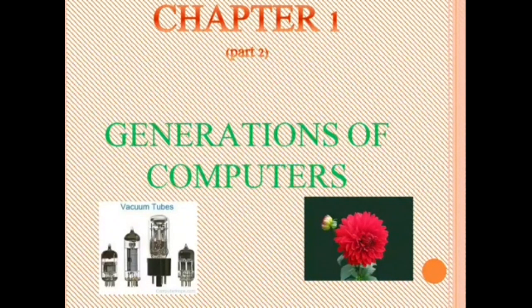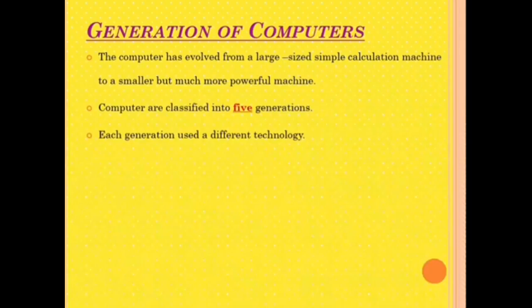Here we see the generations of computers. Over the years, computers have gone through many changes in their size, shape, appearance and technologies. The computer has evolved from a large-sized simple calculation machine to a smaller but much more powerful machine.